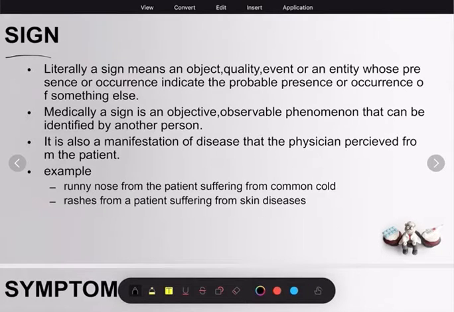It is also a manifestation of disease that the physician perceives from the patient. Example, a runny nose from a patient suffering from common cold, and rashes from a patient suffering from skin disease.